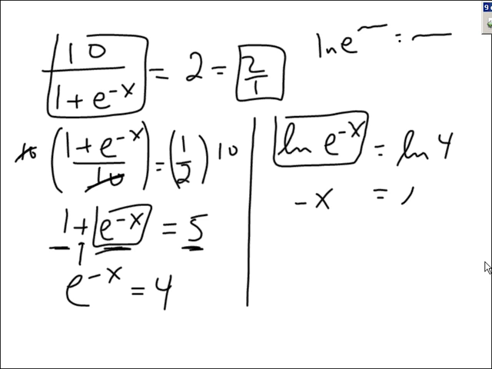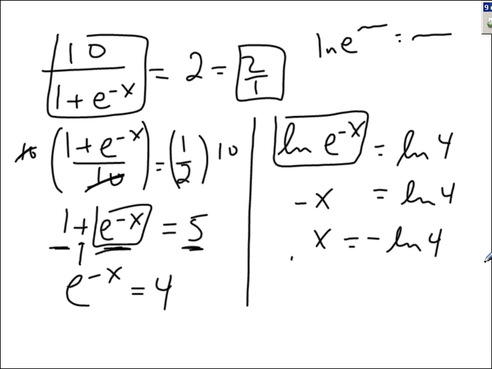On the right side is ln of 4. If two quantities are equal, then if we change their signs, they're still equal. I multiplied by negative 1.